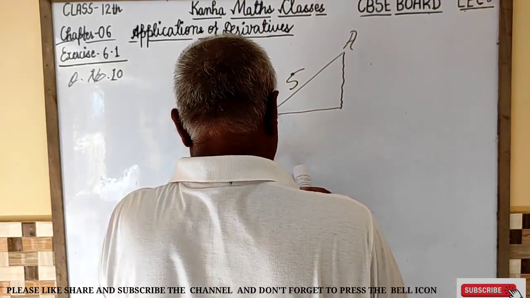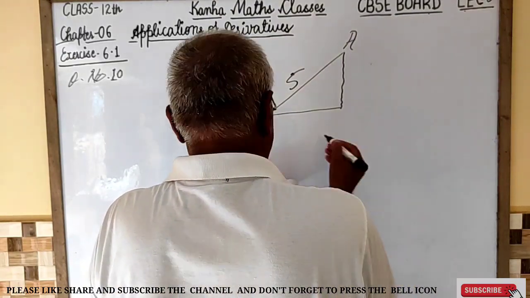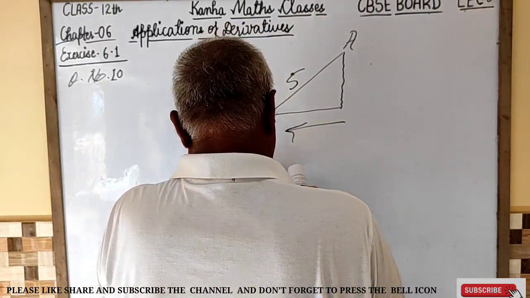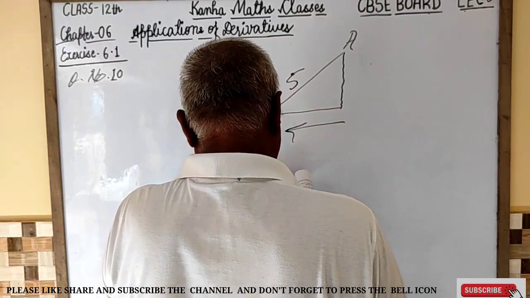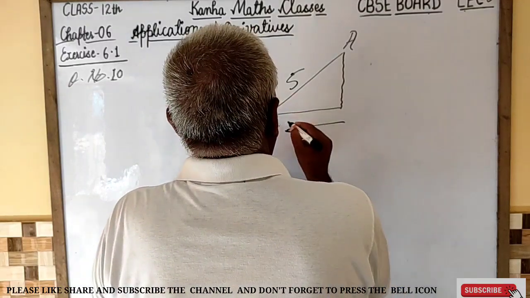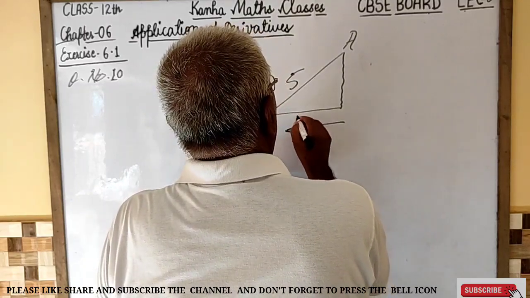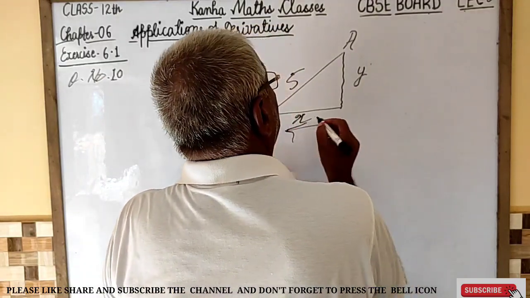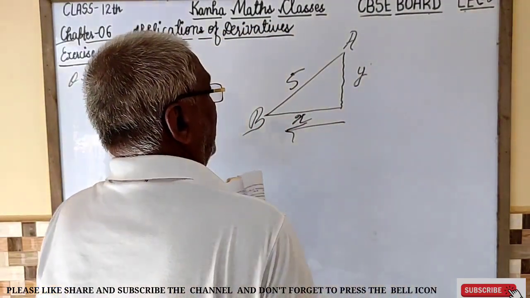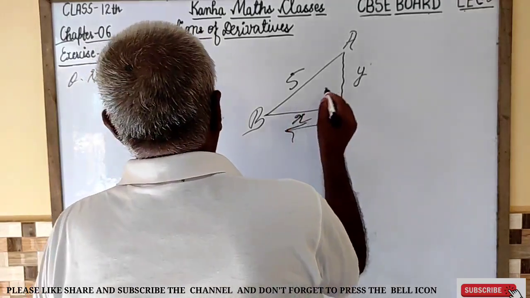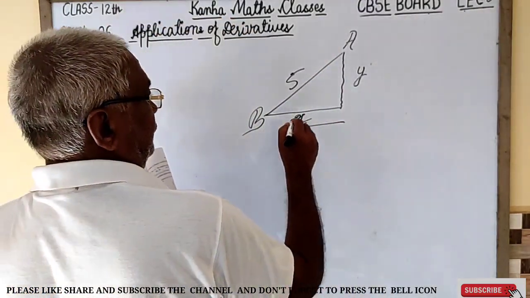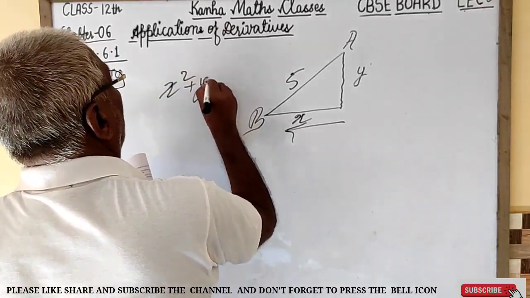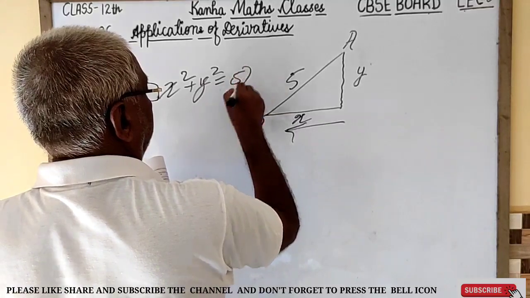The bottom of the ladder is pulled along the ground, meaning in this direction it is pulled at the rate of 2 centimeter per second. If we put this x and this y, then by virtue of the property of a right angle triangle, we will have a relation between x and y, that is x square plus y square is equal to 5 square.